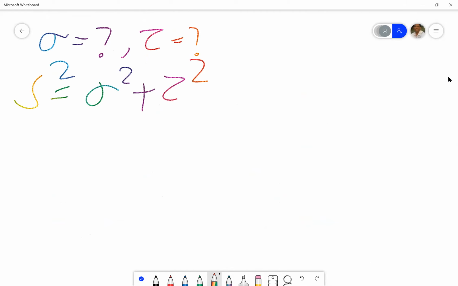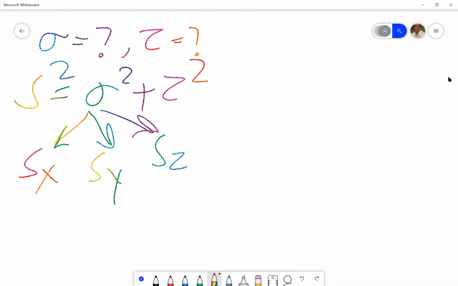So it is essential to write sigma in terms of Sx, Sy and Sz, because the total stress S has three components, Sx, Sy, Sz.